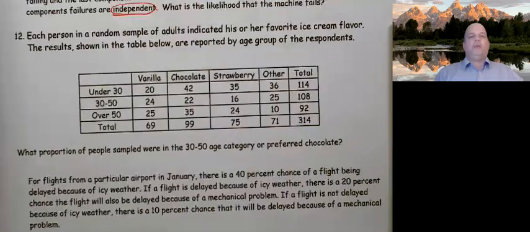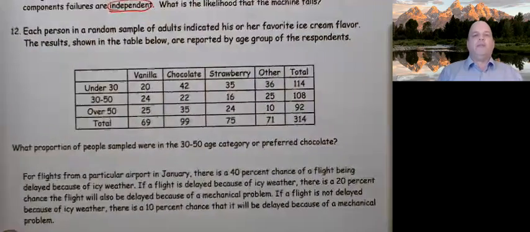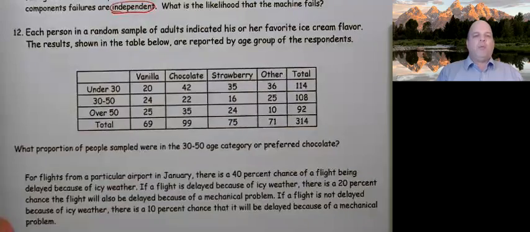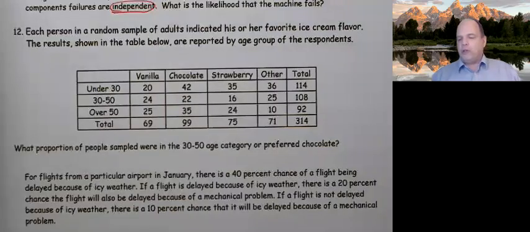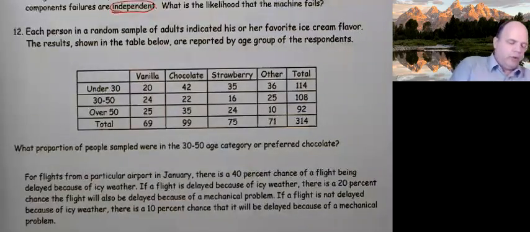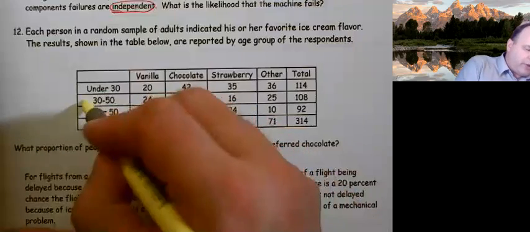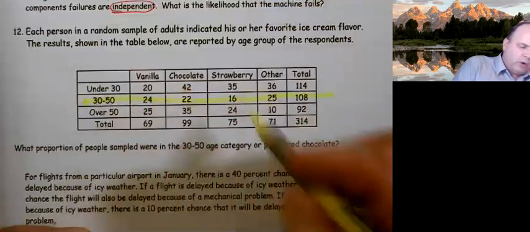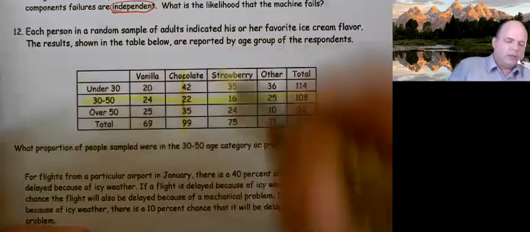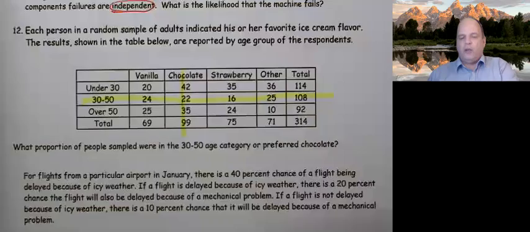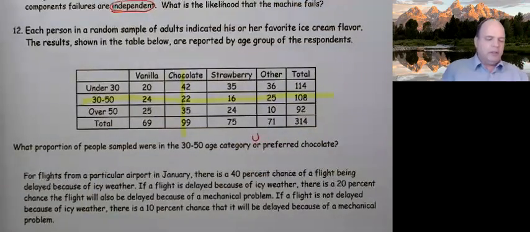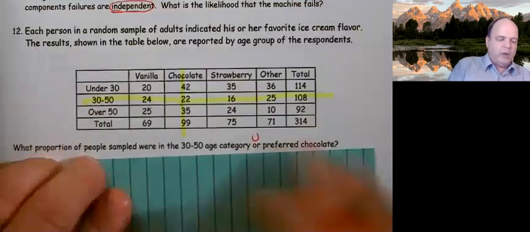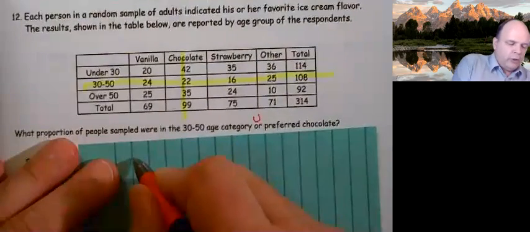Each person in a random sample of adults indicated his or her favorite ice cream flavor. There's a table. What proportion of people sampled were in the 30 to 50 category or preferred chocolate? So basically, we are looking at the 30 to 50 or preferred chocolate. As soon as I see or, I go, okay, this is a union problem. So I should go ahead and write down my general addition rule.